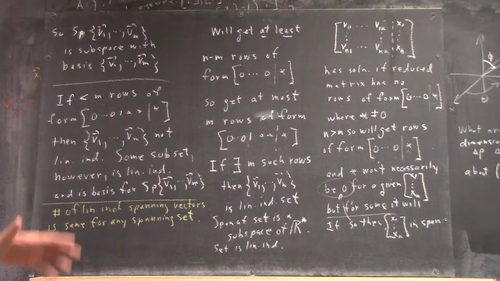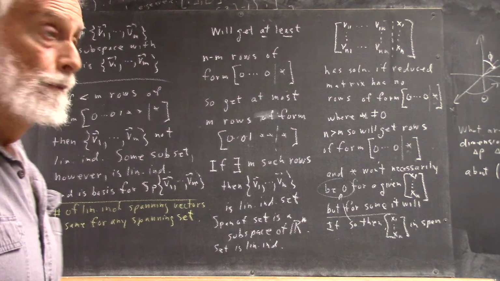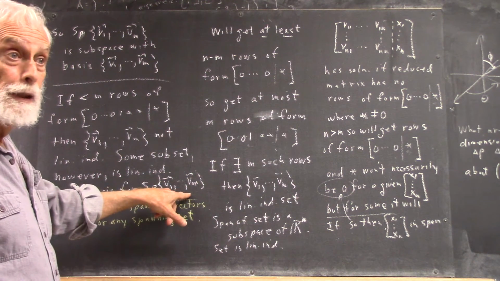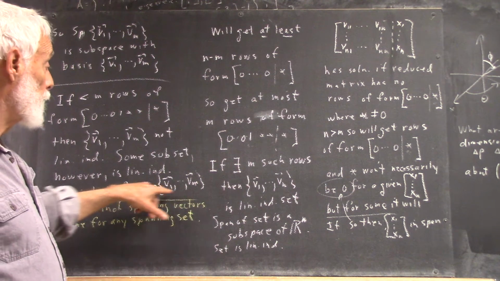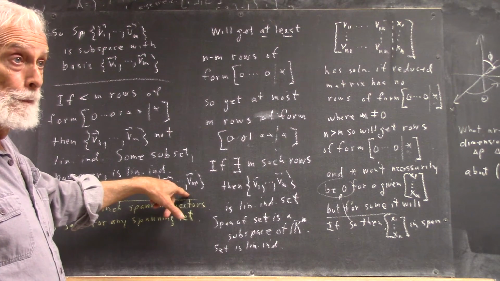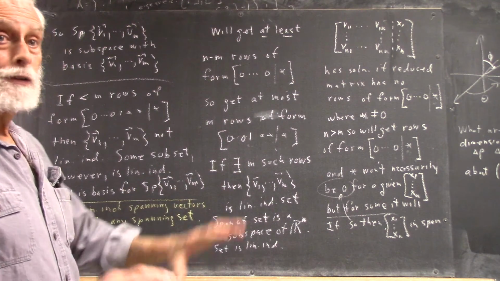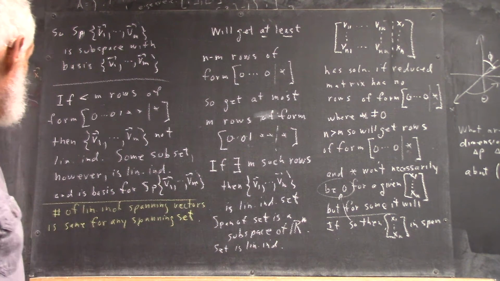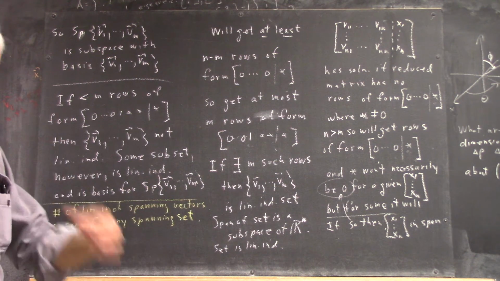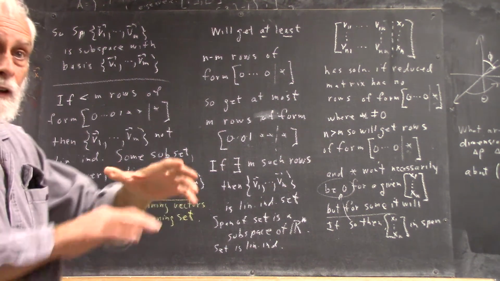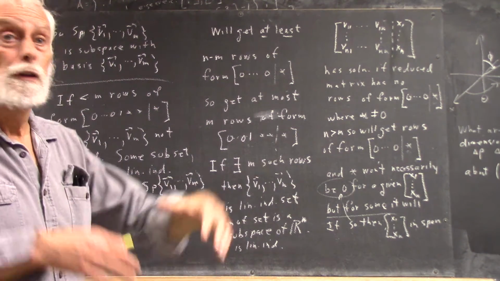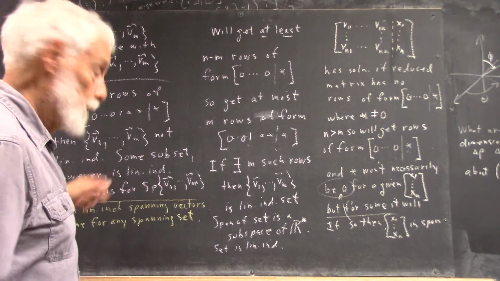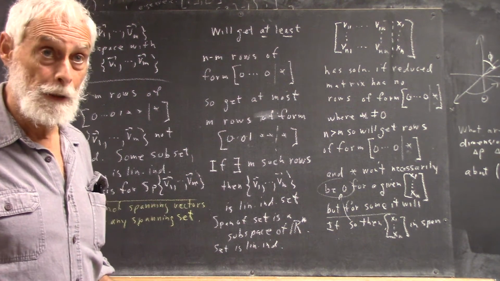I haven't stated all the conditions, but the feel is this. No matter what set, because there could be other sets that span this space, no matter what other set spans this subspace or this space Rn, it's always going to have the same number of vectors. Any linearly independent set that spans a given vector space, whether it's a subspace or a whole space, has to have the same number of vectors as any other linearly independent spanning set.